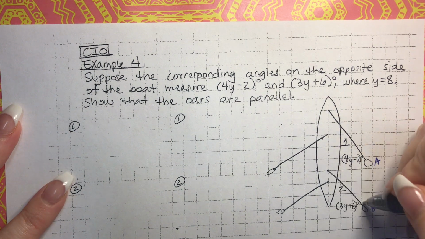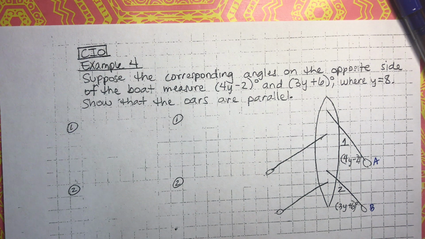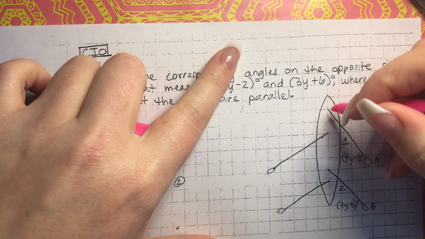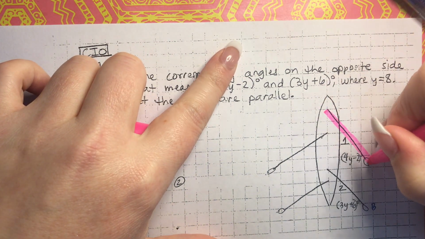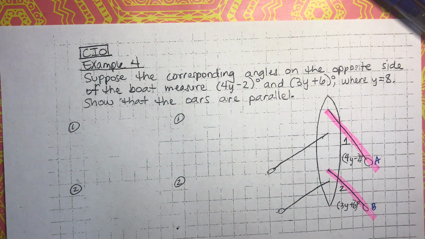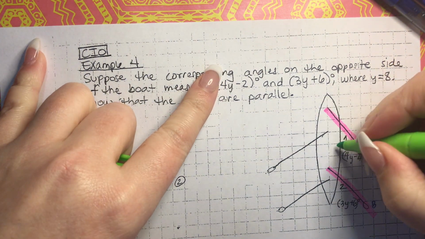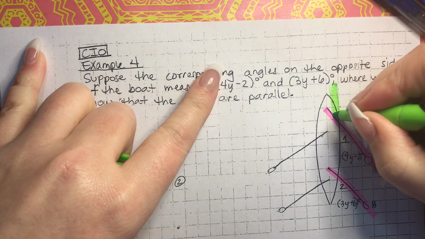So the key is to figure out how this is the same. What we have here is this is a line and this is a line, and our transversal is right here.